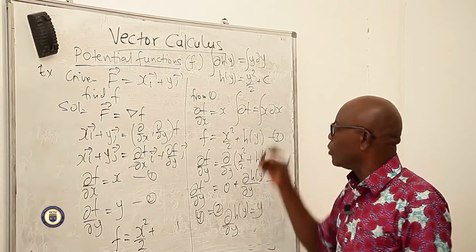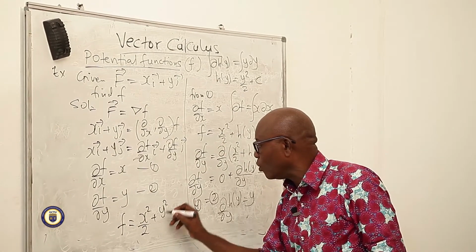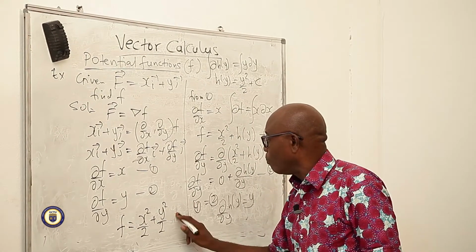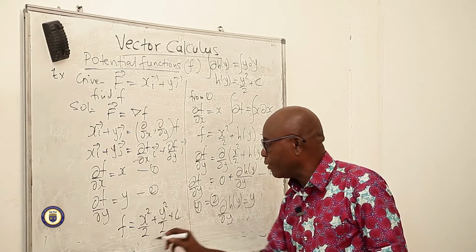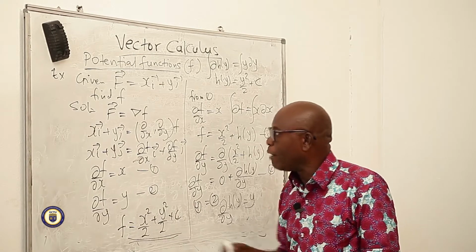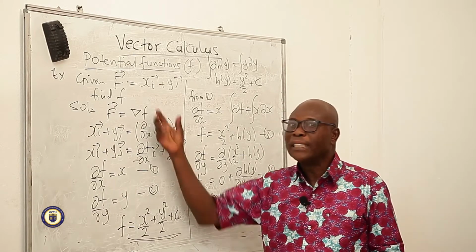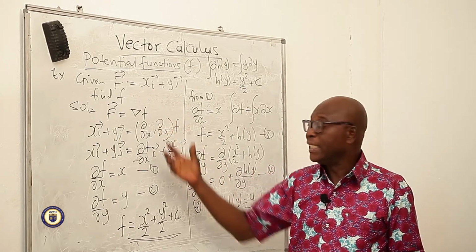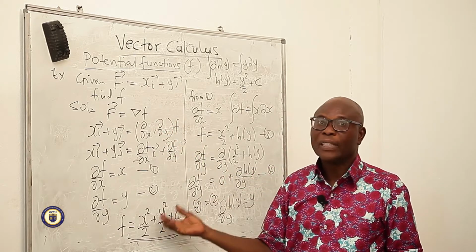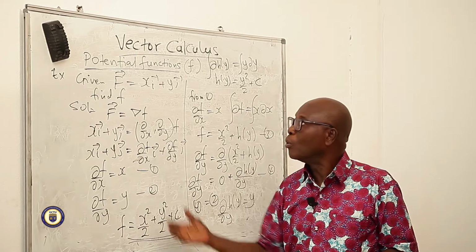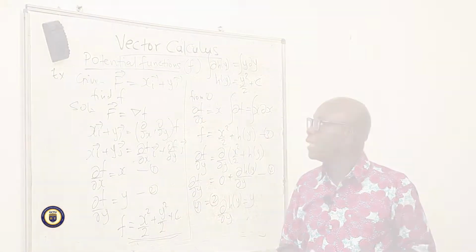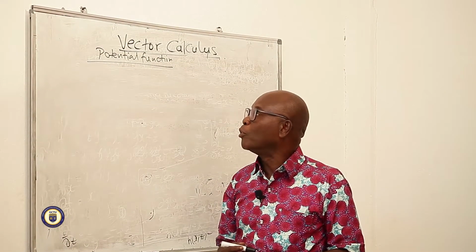H of y gave us what? Y squared over 2 plus our constant of integration. So when we have a conservative function in 2 dimensions, this is how we find the potential function which goes with the conservative vector function. We'll look at example 2.